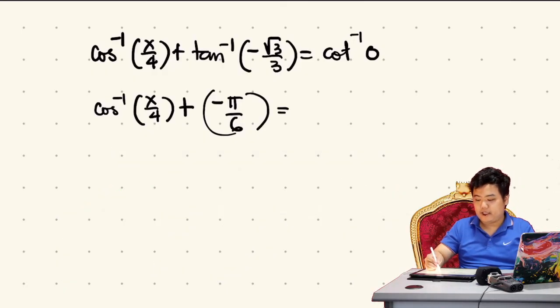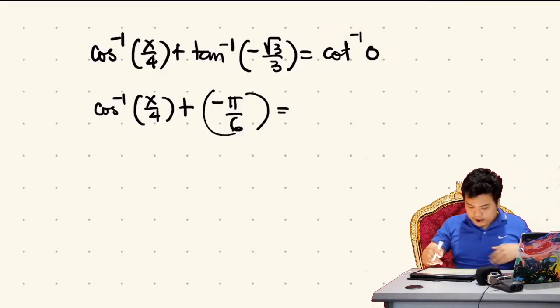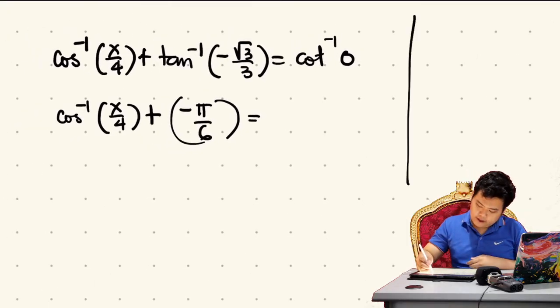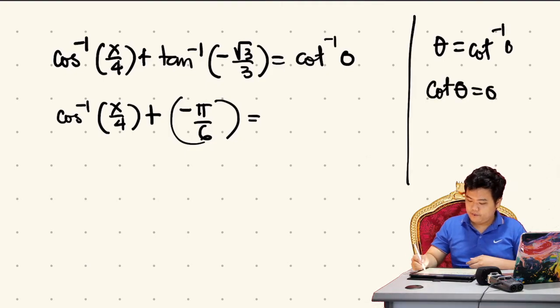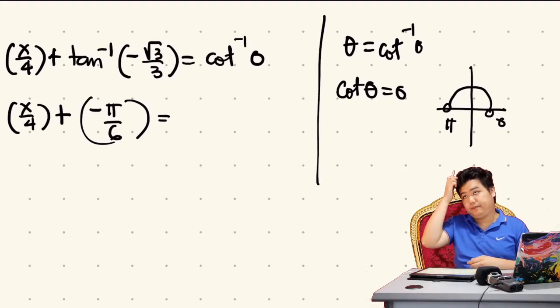okay, ganun ulit. Scratch ulit tayo for this part. So, siya naman yung theta natin. But theta equal to cotangent inverse 0. Cotangent theta is 0. So, ang range ni cotangent inverse ay 0 to pi.